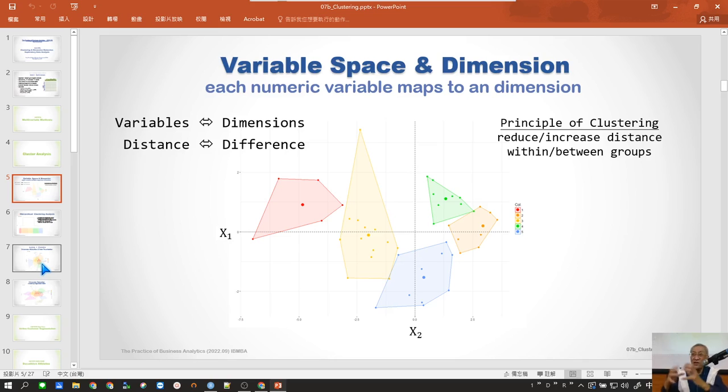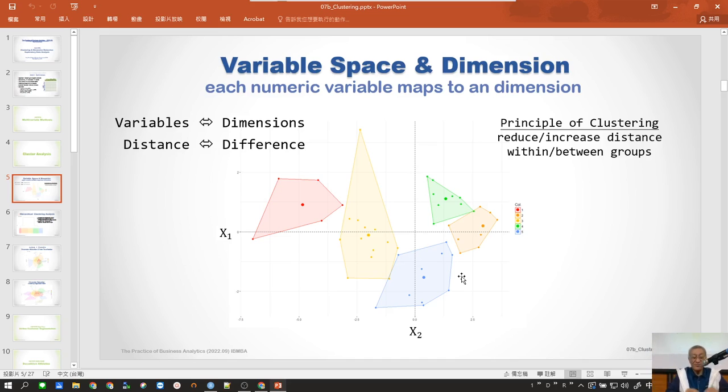If after the grouping, each individual group is easier to observe, easier to manipulate, easier to communicate, and they do not have too much overlap with each other, so it's easier to distinguish and easier for you to do your operation, then the number of groups is good. If not, you just try and error, and try more groups or fewer groups.